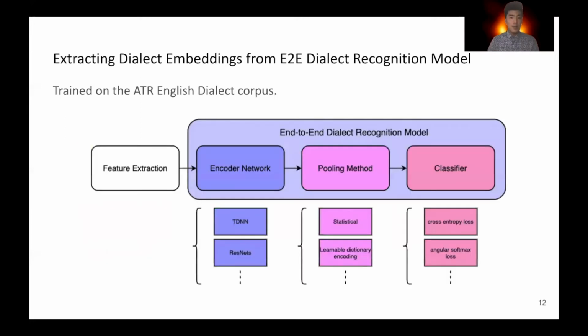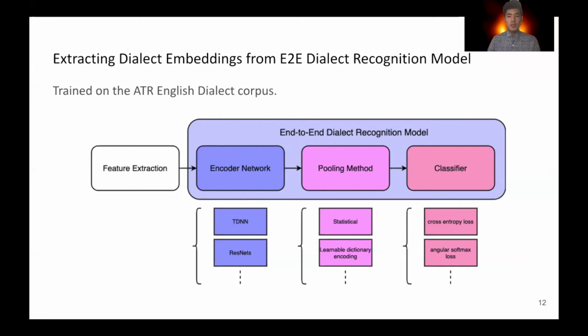Here, I'm going to talk about the dialect recognition model. It is trained end-to-end, and there are three components: the encoder network, the pooling method, and the classification loss. In this work, we use ResNets for the encoder network. We have the learnable dictionary encoding layer as the pooling method.